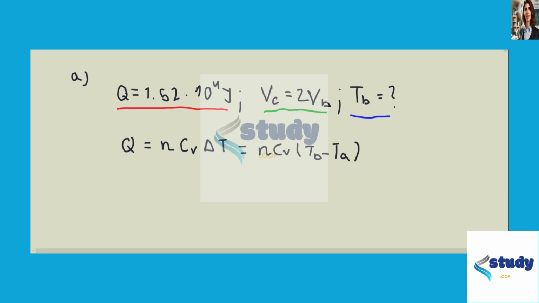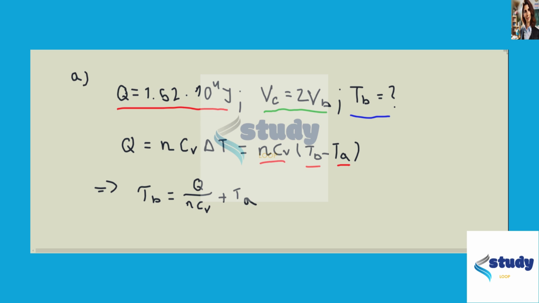From here, we can derive the formula only for T_B by moving this part to the left-hand side and then adding this term to both sides. So this way we derive that T_B equals Q over n C_V plus T_A.